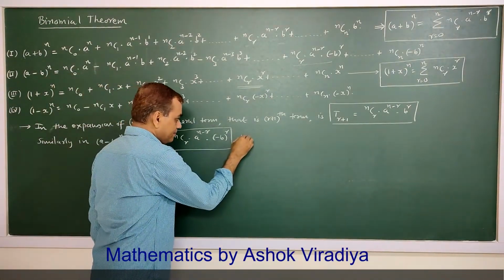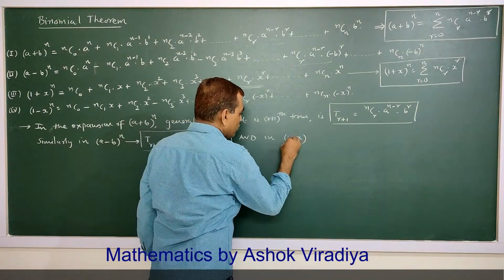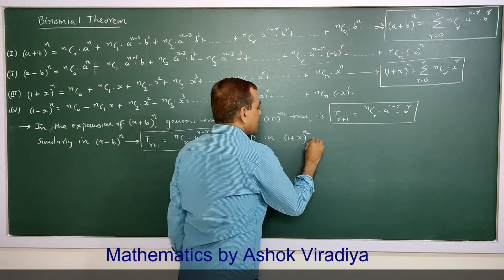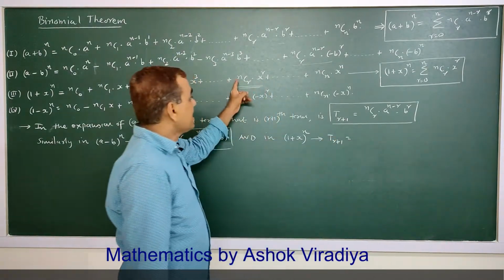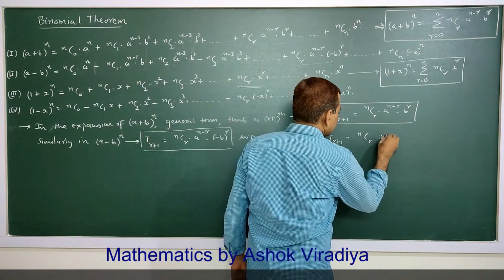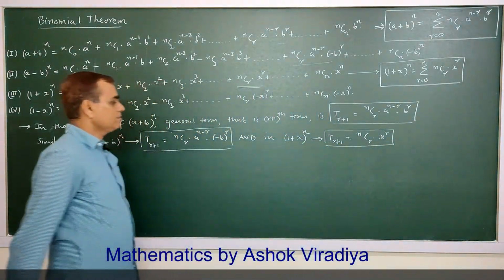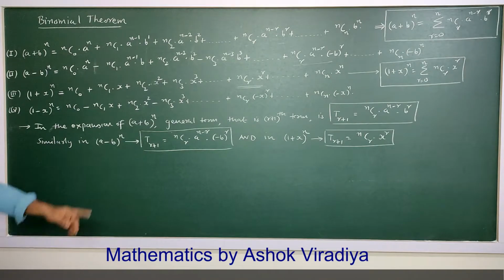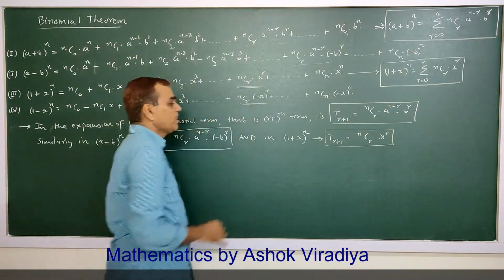And in the expansion of (1 plus x) raised to n, the (r plus 1)th term is equal to nCr x raised to r. Similarly, in (1 minus x) raised to n, this is the (r plus 1)th term.